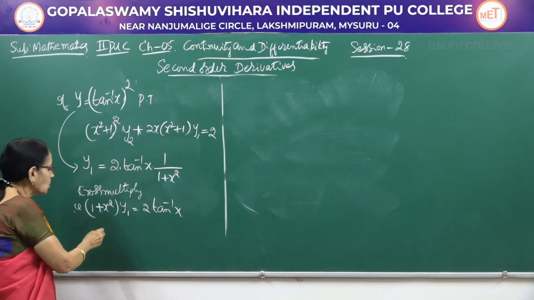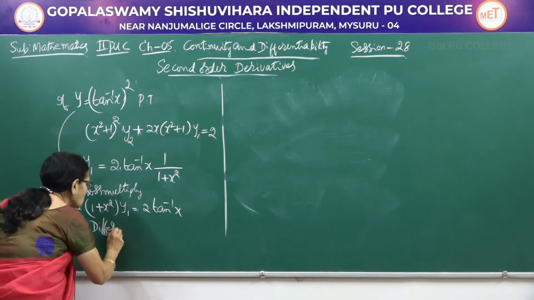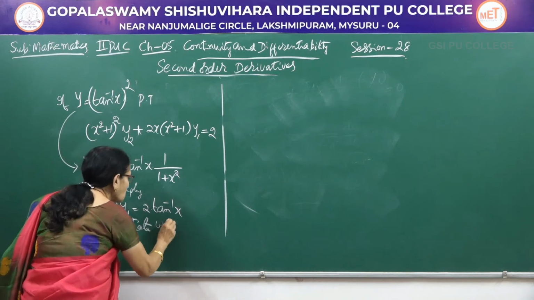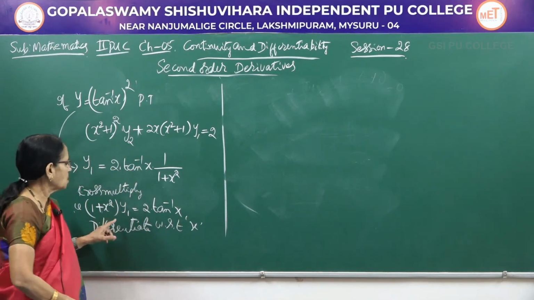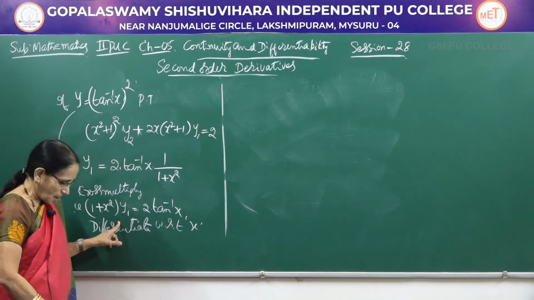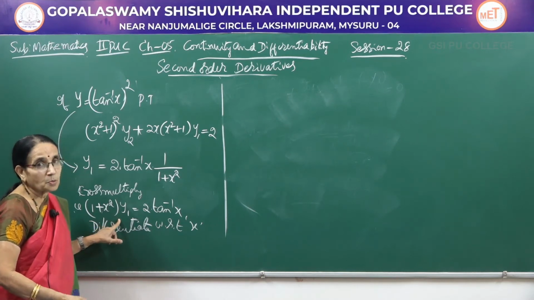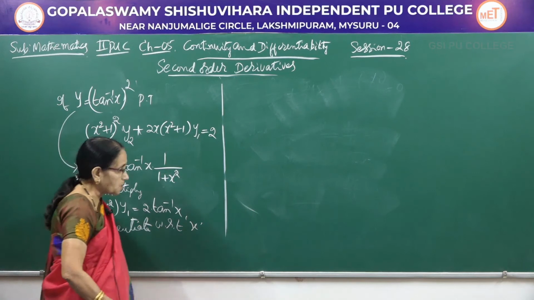Now again, I am going for the second derivative. So, differentiate with respect to x. Now, observe the left hand side, we are having a product of two functions, hence the product rule has to be applied. Right hand side, it's a direct inverse trigonometric function.